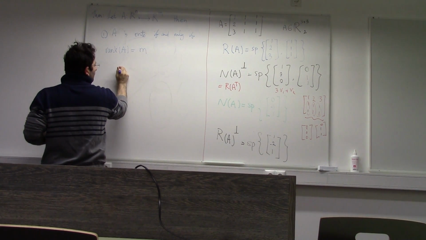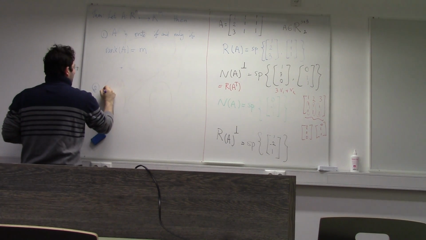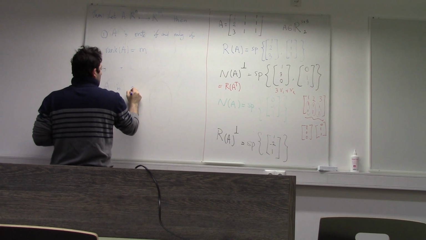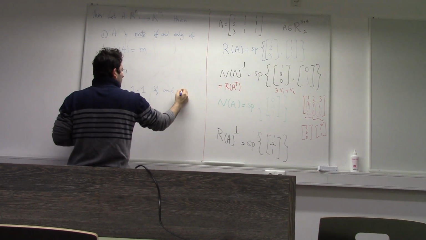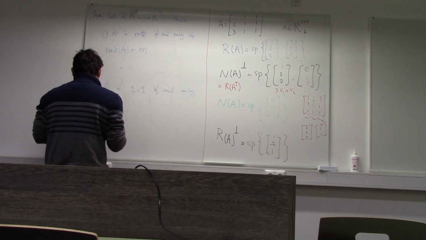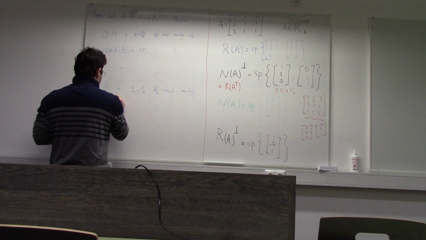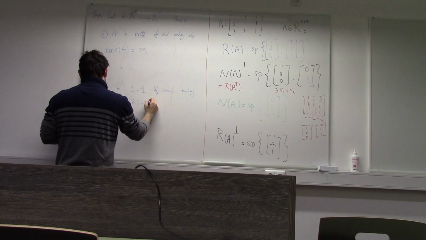But we need to put one more condition in here. I'll write it in a few seconds. A is one-to-one if and only if rank A is equal to n.